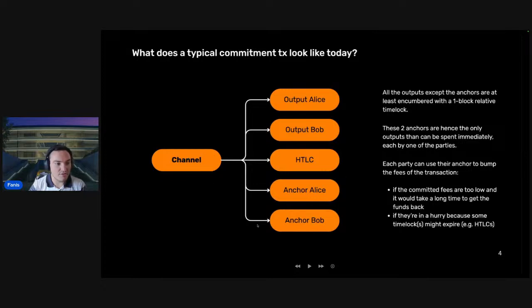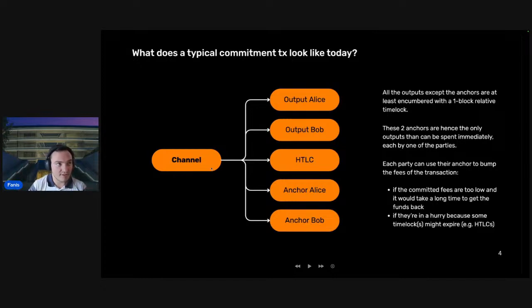this commitment transaction is a pre-signed transaction because it is spending funds from the channel output, which is a 2-of-2 multi-signature address. So in the context of a channel between Alice and Bob, you need two signatures, one from Alice and one from Bob, in order to spend the funds in the channel. And so that's why Alice and Bob need to find an agreement on the fees beforehand when they sign the last update of the channel.